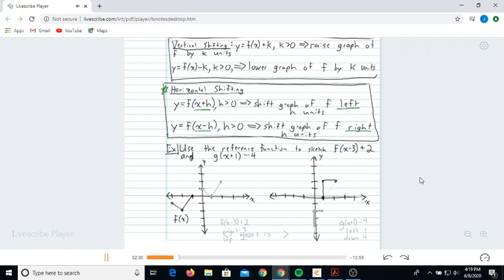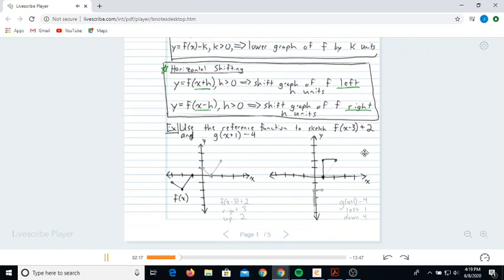Here we have function f of x, and it wants us to graph f of x minus 3 plus 2. If I look at that, I need to read that as right 3, up 2. So I'm going to take each coordinate and go right 3, up 2.